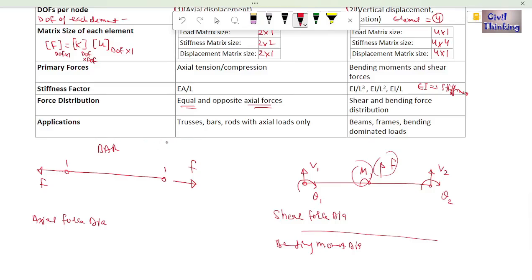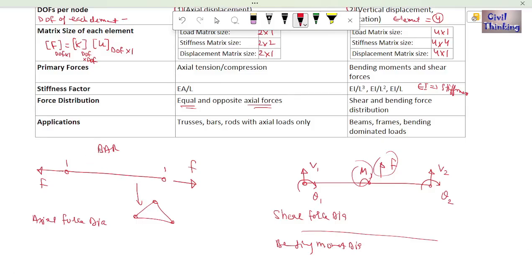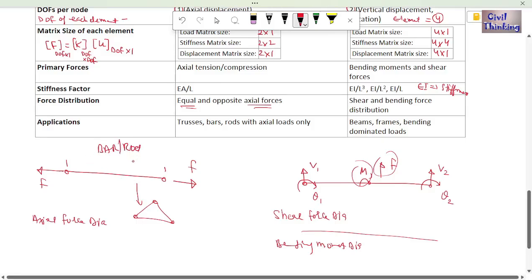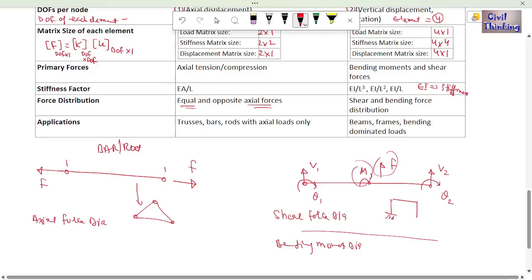Now where it is applicable, the bar, when we talk about a truss, each element is a bar, or a rod. Bar and rod are kind of the same thing. Now when we talk about beams, where it is applicable, it can be applicable in beams or frames, because in each frame when you have the loading, we are going to have bending moment and shear forces.